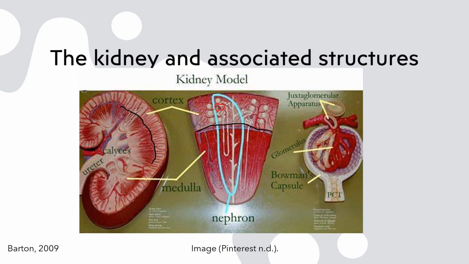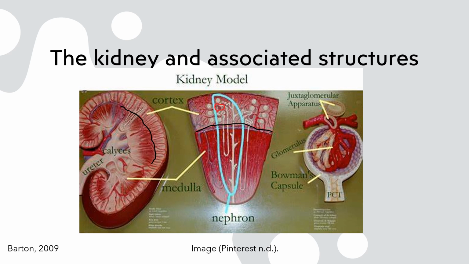If you follow that down, this first limb going down is called the descending limb. Then it loops at the bottom. That's called the loop of Henle. Then it comes back up, and that's called the ascending limb. It comes up to the very top into these little squiggly lines, which is your distal convoluted tubule. Then it drops right down into this long one, which is called your collecting duct.